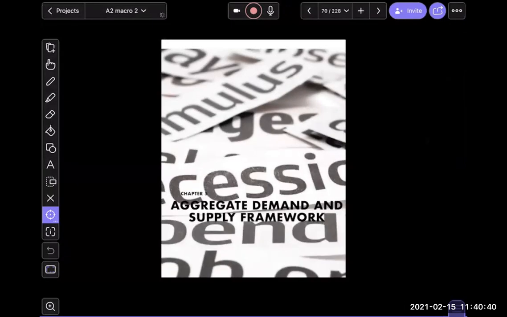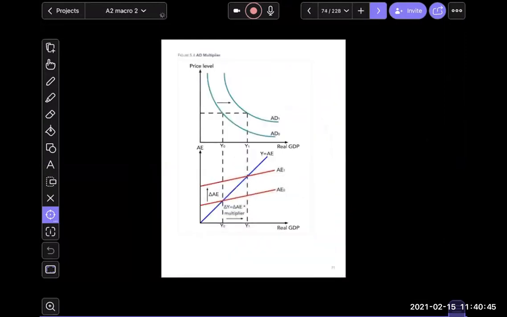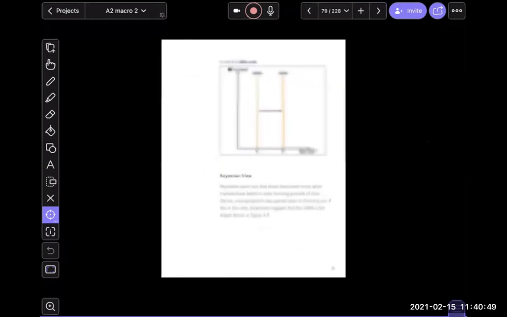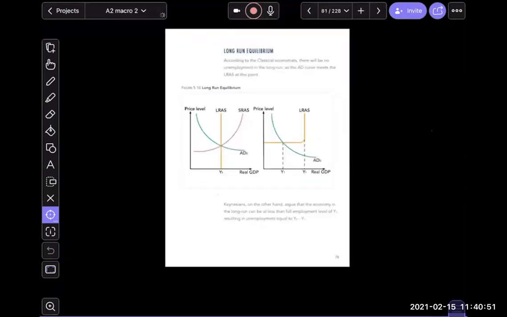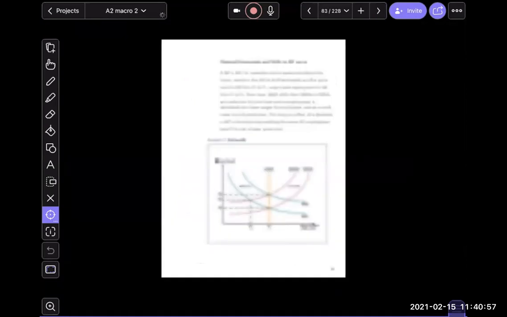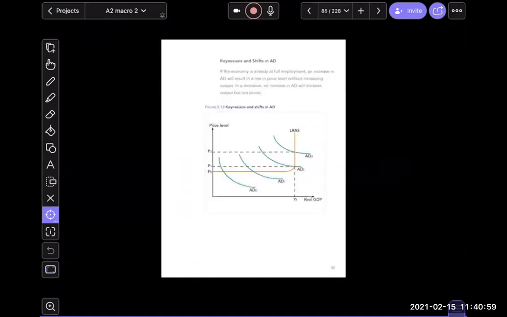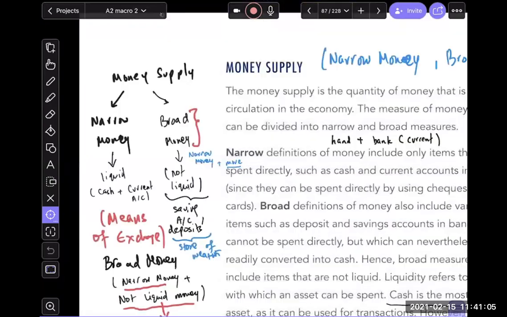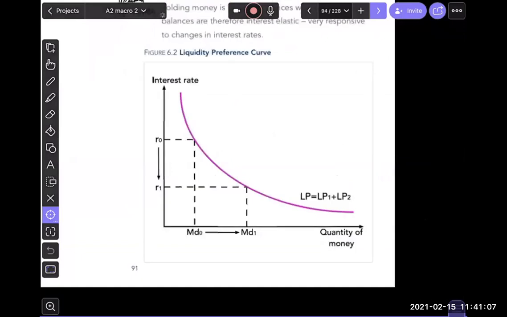Now, guys, what we are going to do next time is AD-AS, which is an easy discussion because we've done this in the past, but now we go more theoretical in terms of talking about Keynesians and monetarists and why they have disagreement about wages and so on. So that's the discussion. We've done the first 4 chapters. Things will happen quickly now. Then we have the monetary sector, and monetary and fiscal policy.